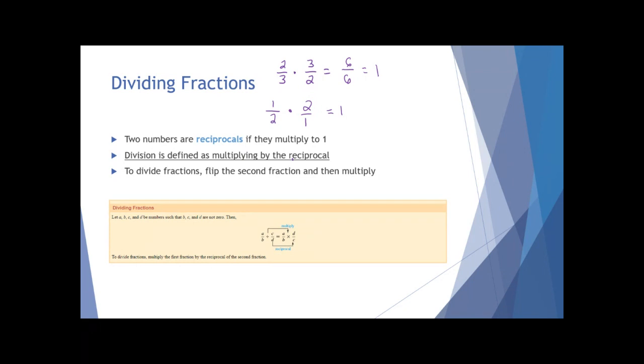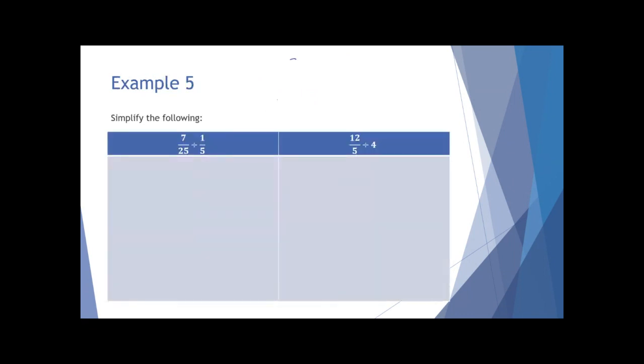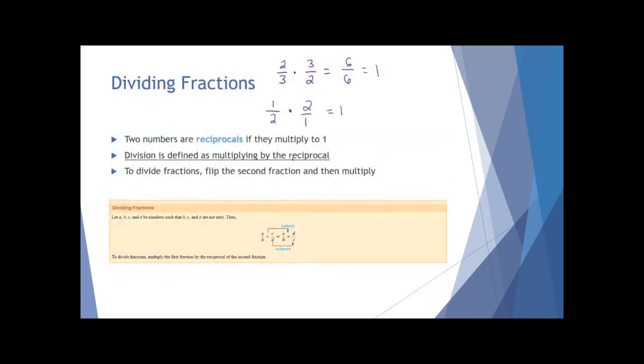So you take your fraction that's after the division sign and you flip it, and then you multiply. So 2 over 1 would be 1/2? Yeah, the reciprocal of 2 over 1 would be 1 over 2. So you're just flip-flopping the top and the bottom.